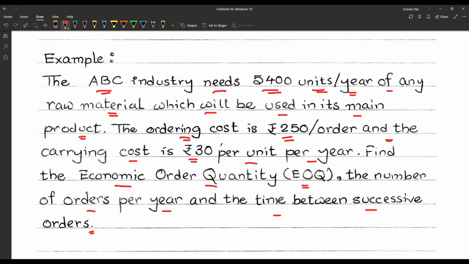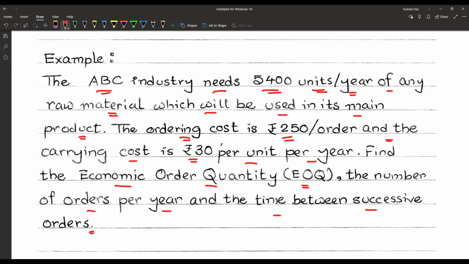At first, we have to check whether the problem statement falls into the category of the deterministic model 1A or not, which says the demand rate is uniform and the production rate is infinite.